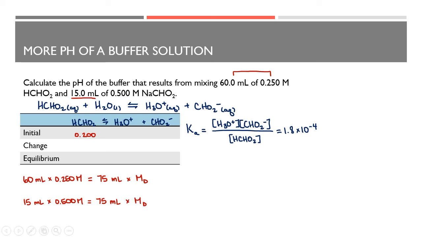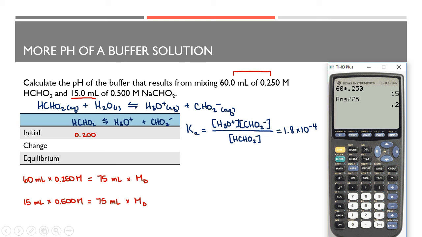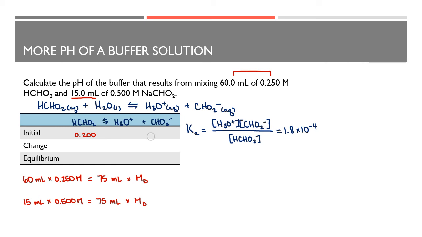Now then I figure out the new molarity of the salt solution doing the exact same thing. 15 milliliters of a 0.500 molar salt solution and then that's diluted to 75 milliliters. So the true final molarity of that salt solution is 0.100. And then we have about 0 molarity for our H3O, our hydronium concentration.